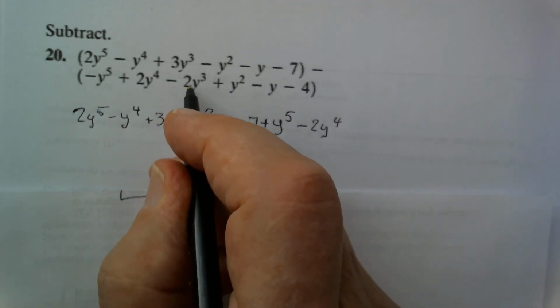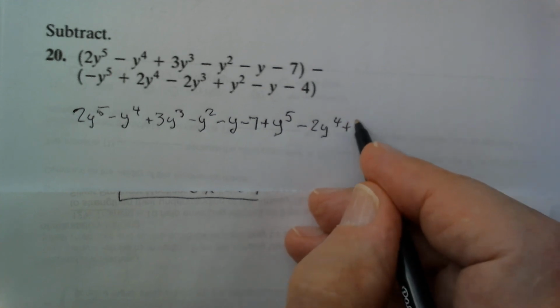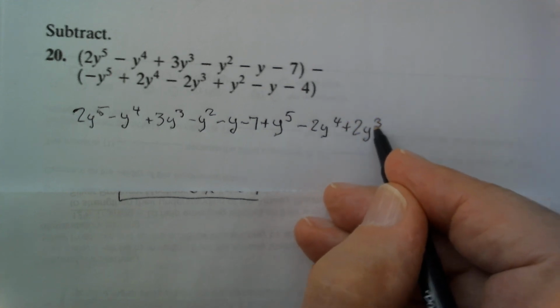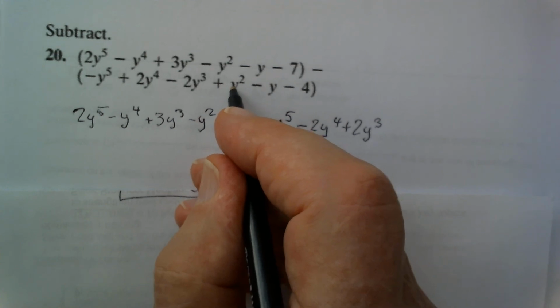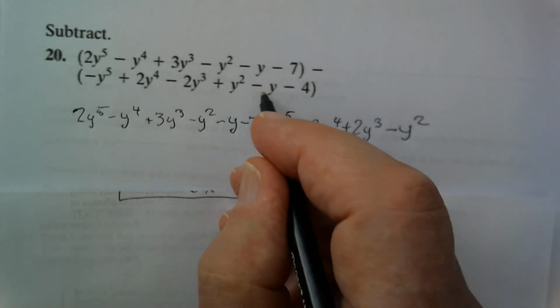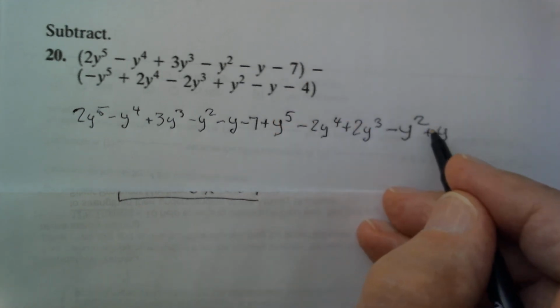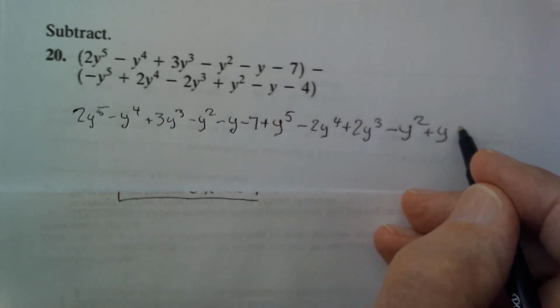And the minus 2y to the 3rd becomes a positive 2y to the 3rd. And the positive y squared becomes a minus y squared. And the minus y becomes a plus y. And the minus 4 becomes a positive 4.